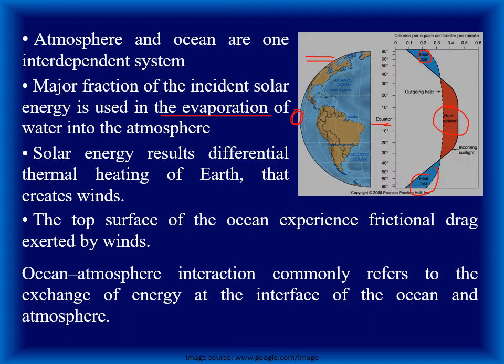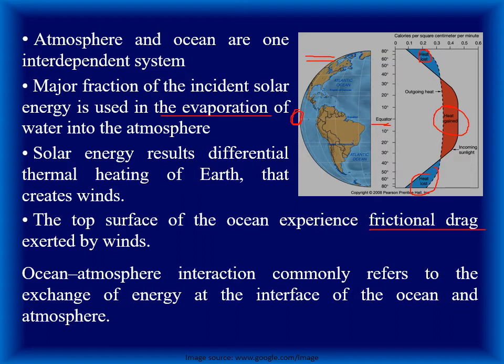Now, when the wind moves over a large body of ocean, then at the contact surface between the atmosphere and the water body, friction occurs between these two mediums. The top surface of the water body thereby experiences a frictional drag, because the water body is basically static.